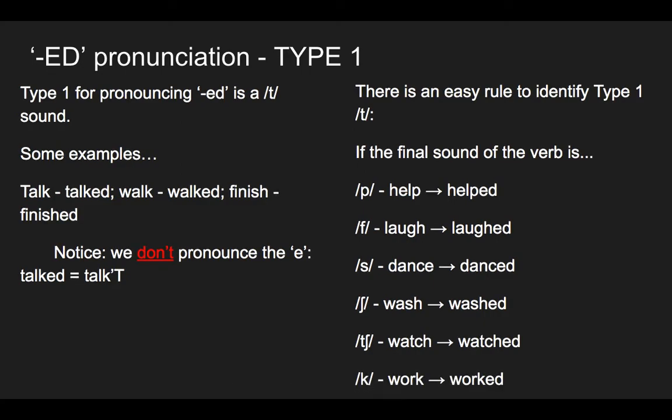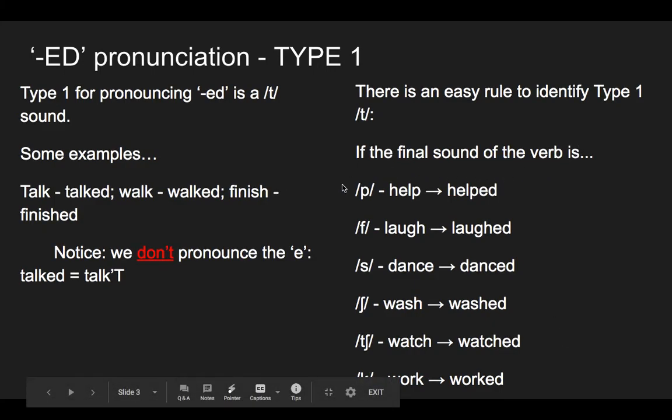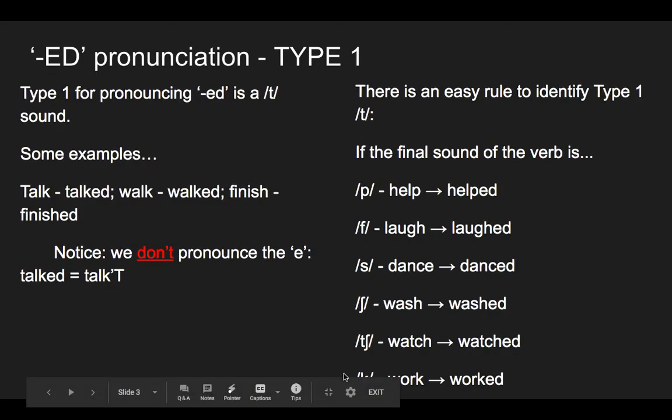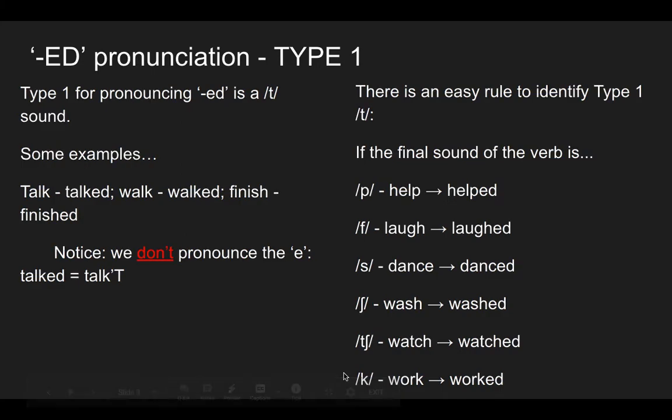And the final one, k, like work and walk and talk: worked, talked, walked. So if the final sound of the verb is p, f, s, sh, ch, or k, then we pronounce ed like the t sound.